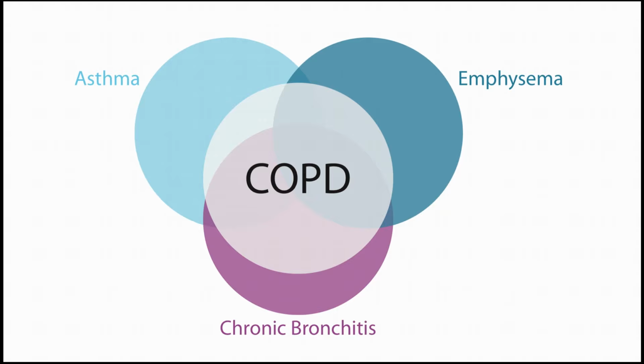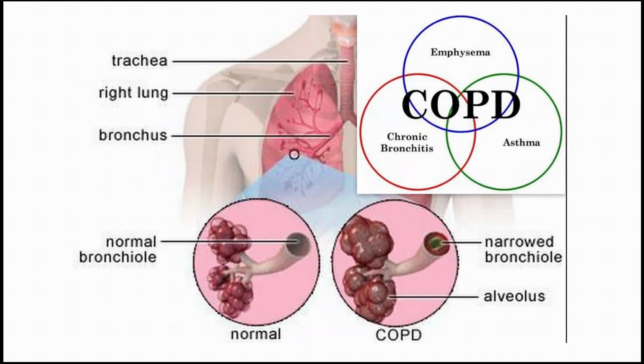Technically, asthma really shouldn't be a part of COPD, but there's a lot of crossover in how it presents, okay? Predominantly, it's emphysema and chronic bronchitis, but you can look at these disease processes in a very similar group of what we call the obstructive lung diseases, okay?